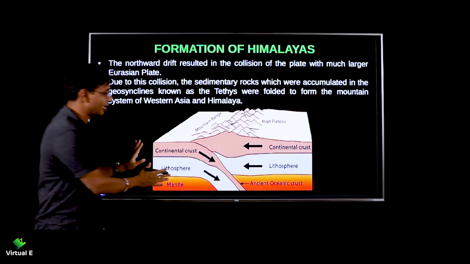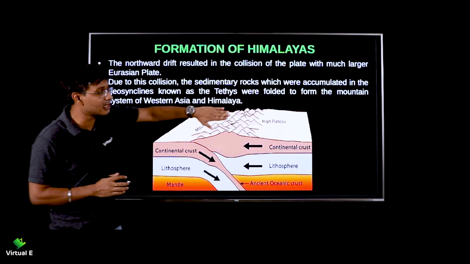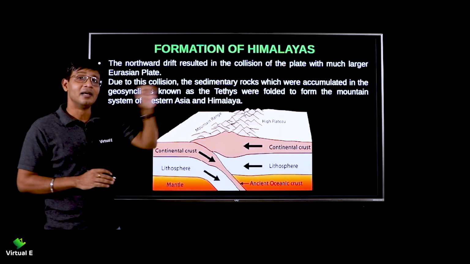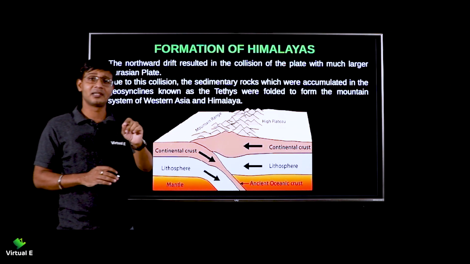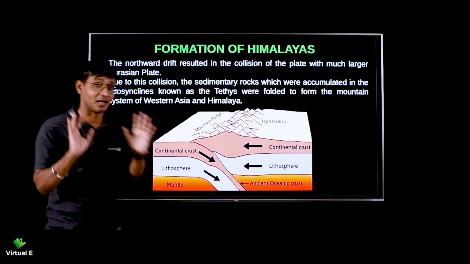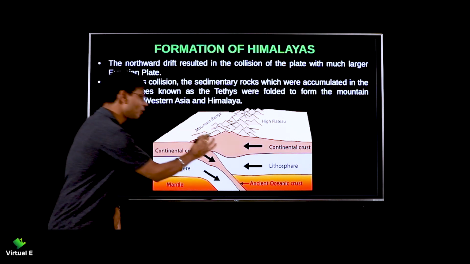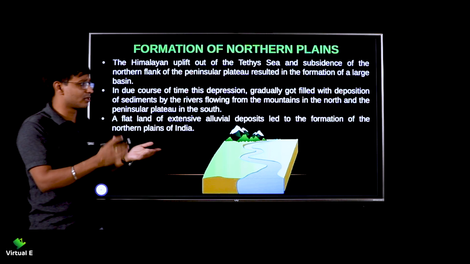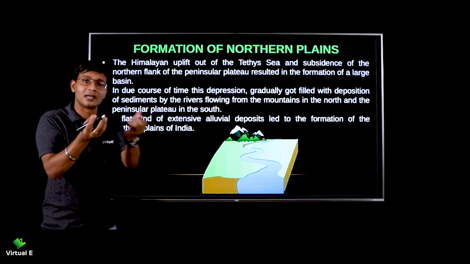Slowly, steadily, this landmass went and hit this stable landmass, giving you nothing but the youngest fold mountain which is known as Himalayas. Now Himalaya तो मिल गया आपको और Tethys जो sea था वो shallow था, गायब हो गया.